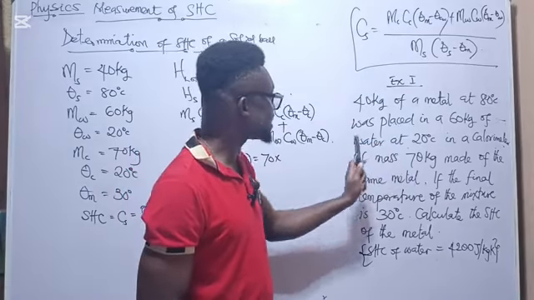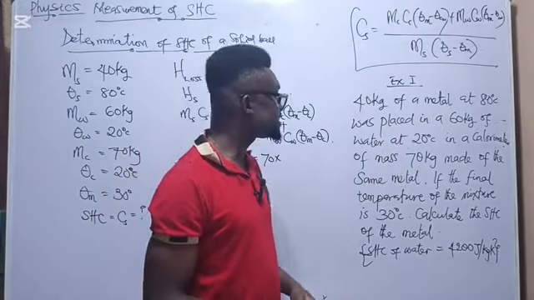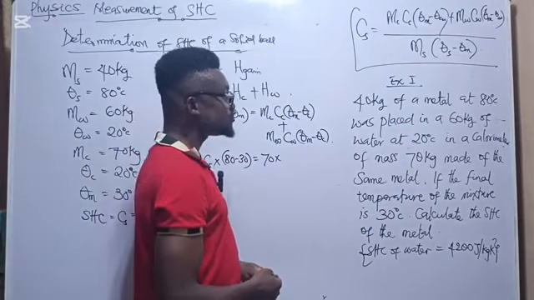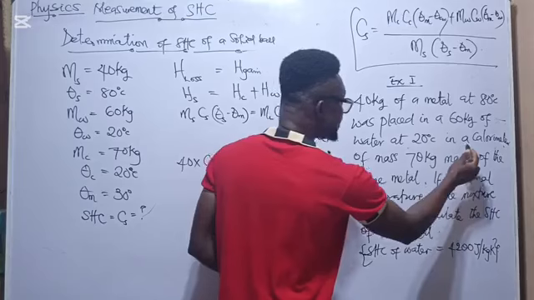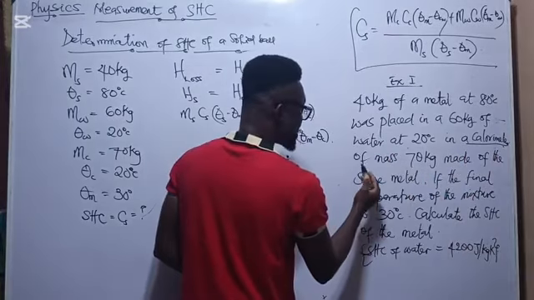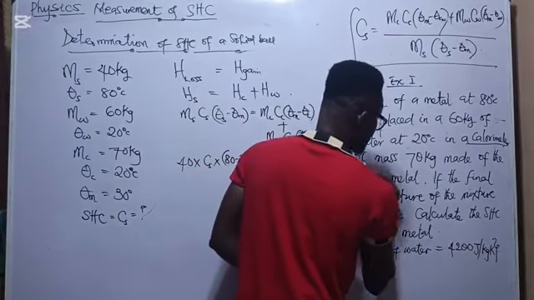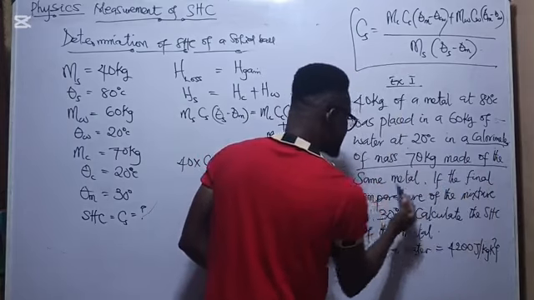40 kg of a metal at 80 degrees Celsius was placed in 60 kg of water at 20 degrees Celsius in a calorimeter of mass 70 kg made of the same metal.